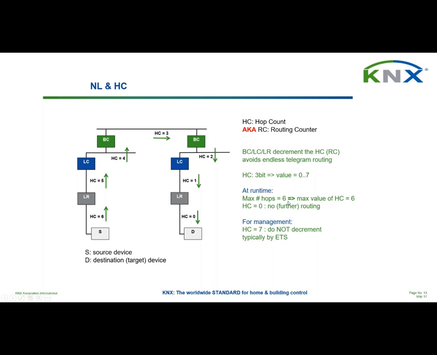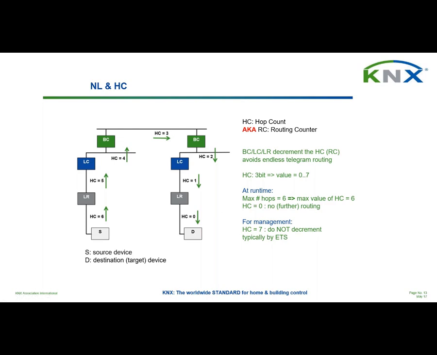That means at least that this is at runtime. So the maximum number of hops is 6 there, and if it becomes 0, then there is no further routing, as I just explained. For management, however, when we are programming a device with ETS, the hop count is put to 7. Only ETS is allowed to do that. Why 7?